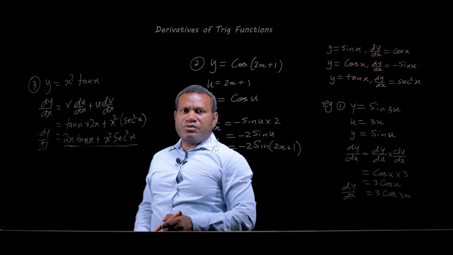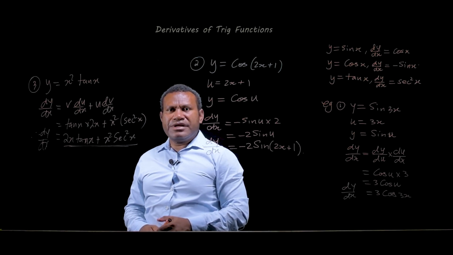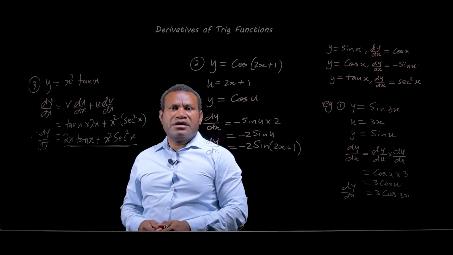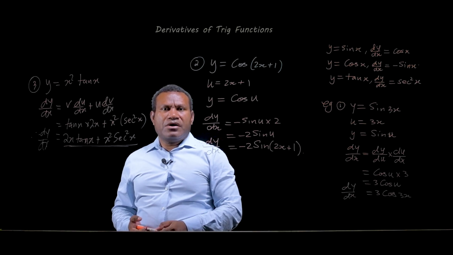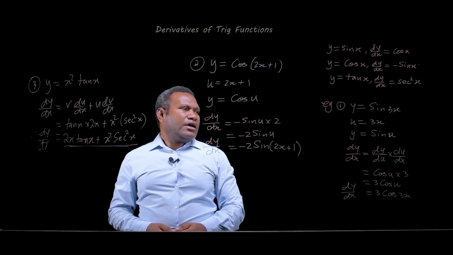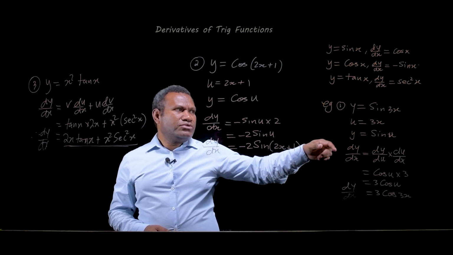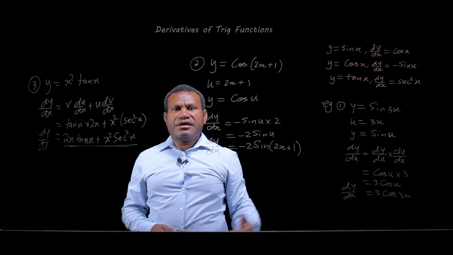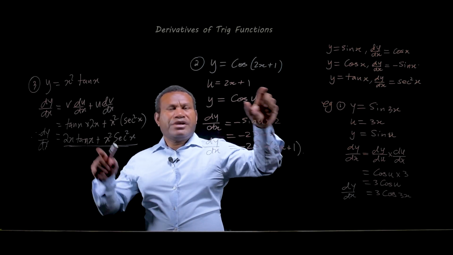So what we have learned in this lesson is to find the derivative of trigonometric functions. We apply the standard results to find the derivative of a given trig function, like the three examples that we have.